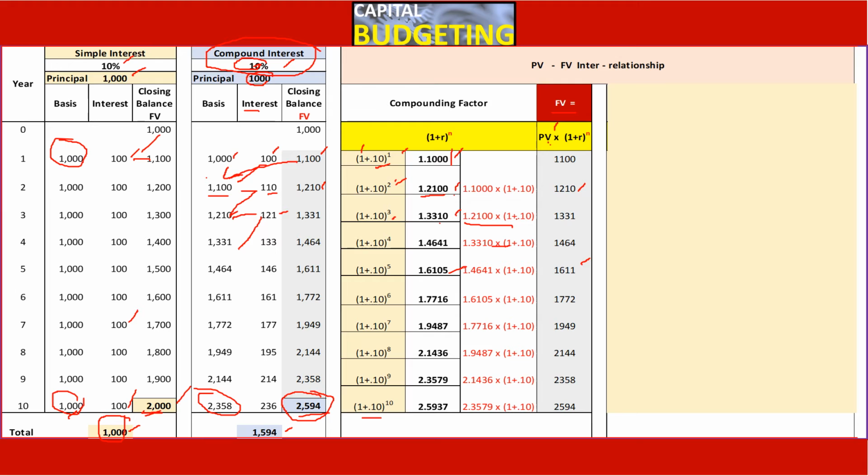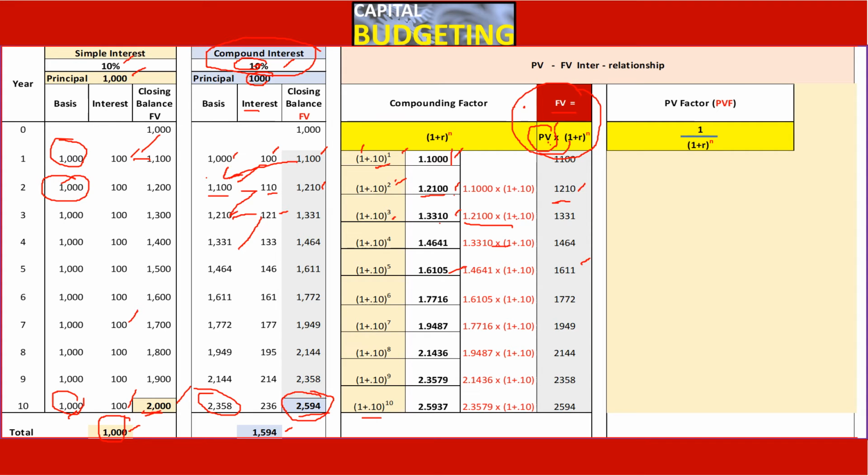This way we can derive the future value of 1000 every year under compound interest, which presumes there is no repayment made here. And we have one more factor: if you take this formula and want to derive PV, then this will get shifted.